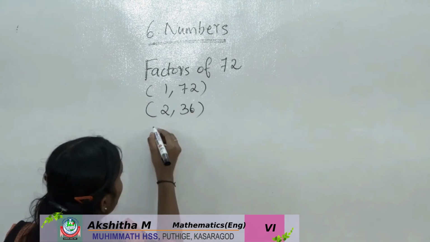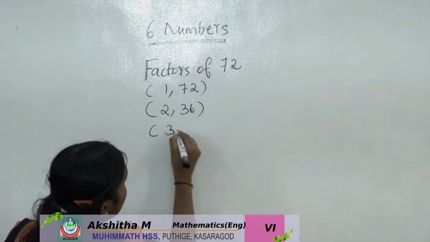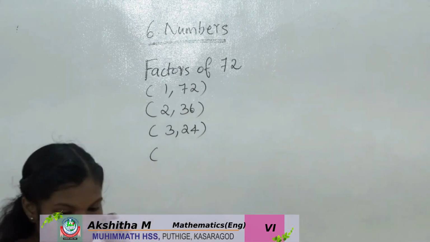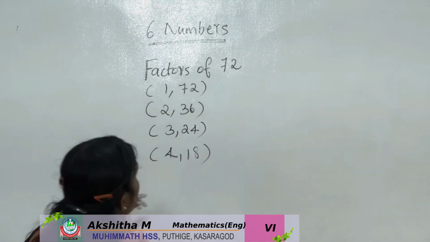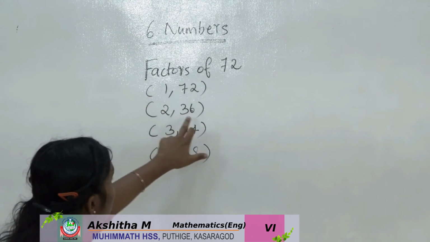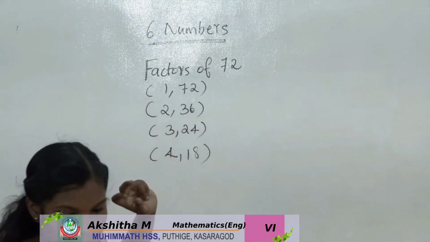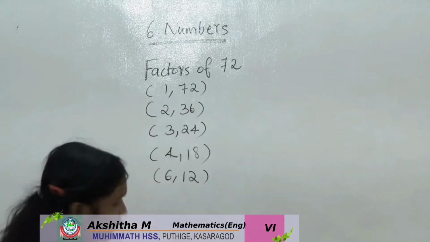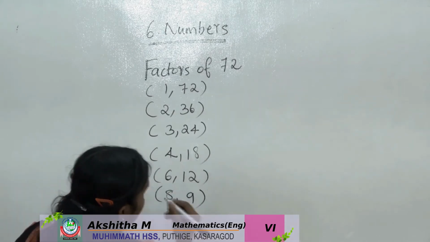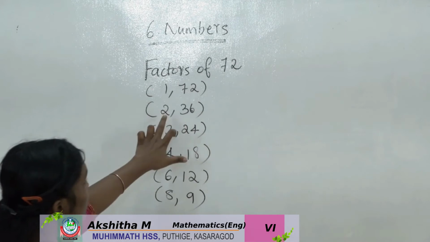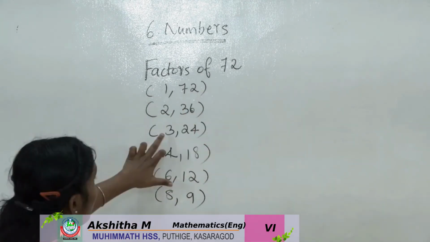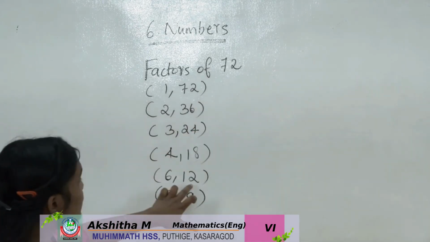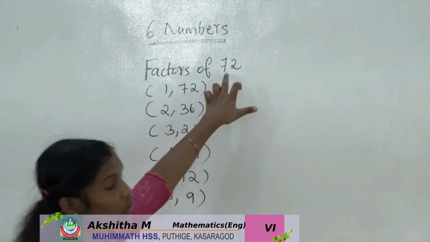2 and 36, and 3 and 24, and 4 and 18. And the next, 6 and 12, and 8 and 9. It means 1 into 72, 2 into 36, 3 into 24, 4 into 18, 6 into 12, 8 into 9, all equal 72.